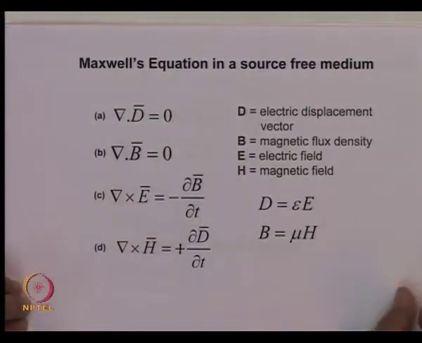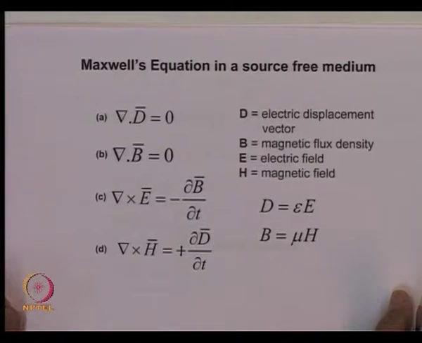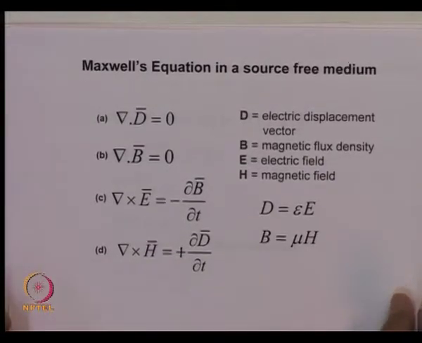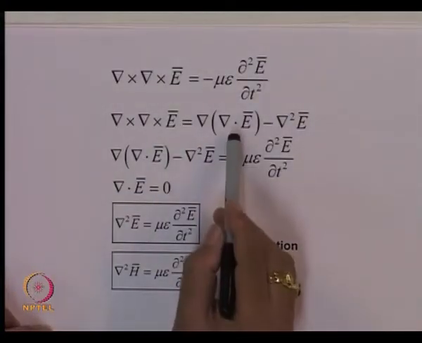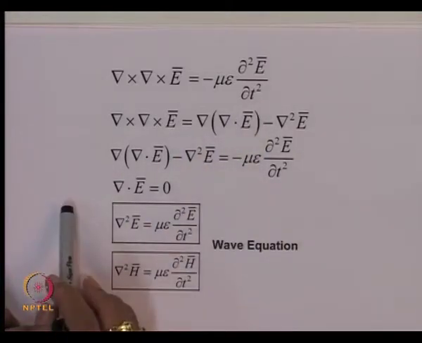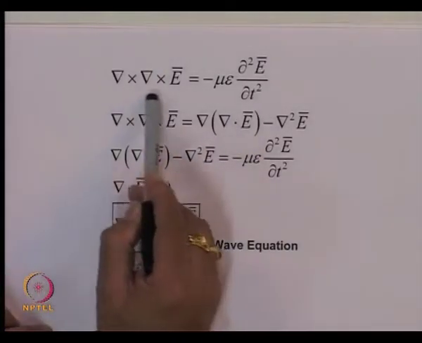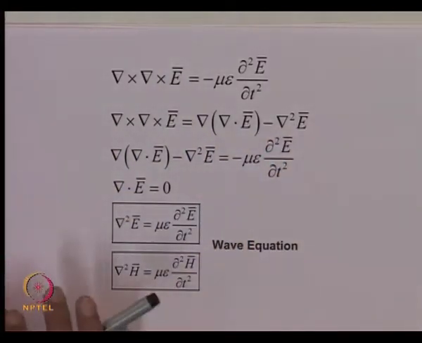So for a homogeneous, source free medium, we get del dot E also equal to 0. If I substitute now for del dot E equal to 0, this quantity goes to 0. So this quantity del cross del cross E is nothing but minus del square E.